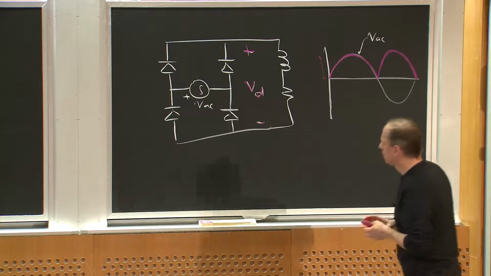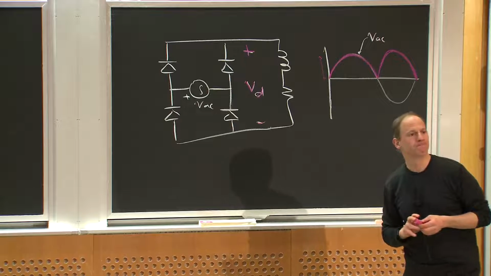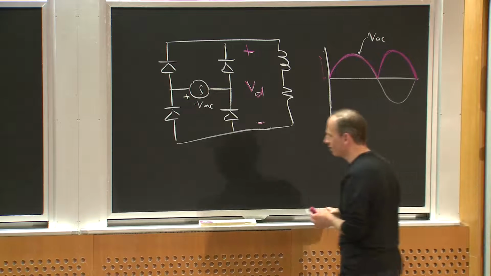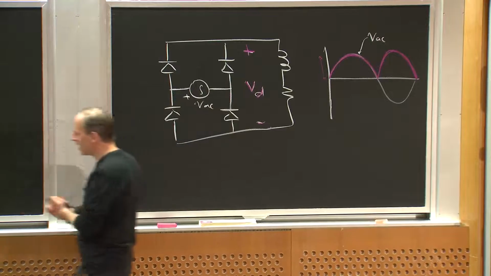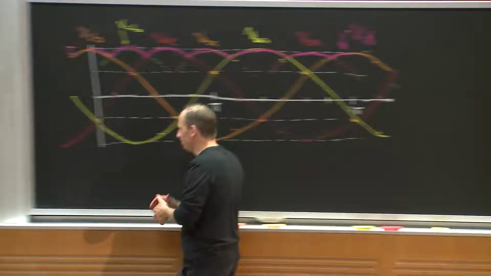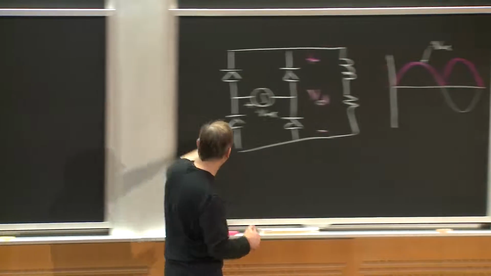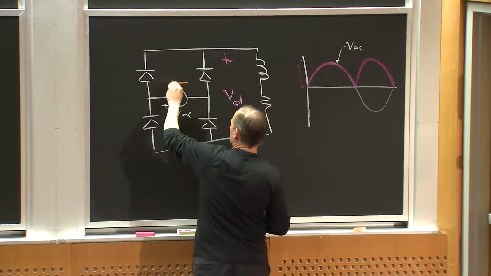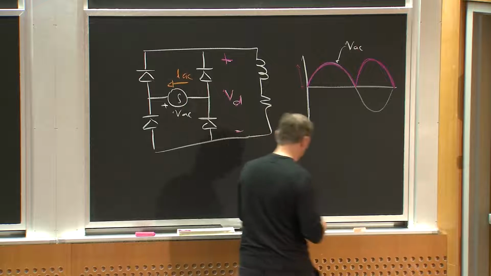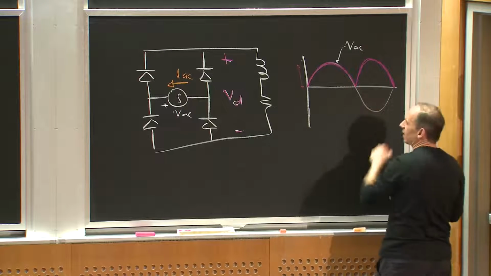Okay. What's another advantage of this thing? Well, we actually talked about this last class in abstract terms. What would be my line current in this case, what would be IAC? My VAC looks like a sine wave.